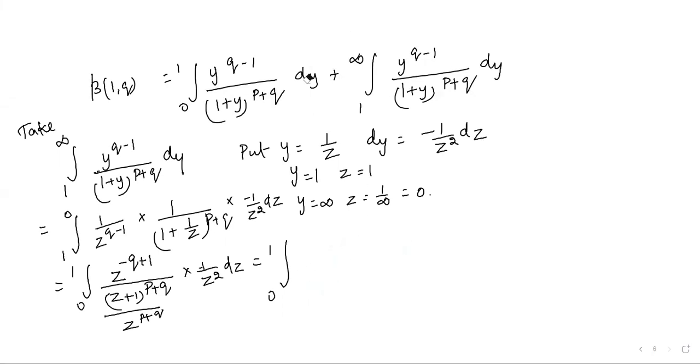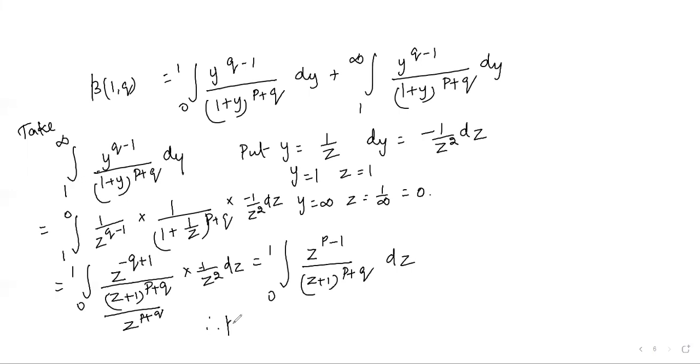Once again, I'm doing the simplification. So I'll be getting z power p minus 1. After doing the simplification, I'll be getting z power p minus 1 divided by z plus 1 the whole power p plus q dz. So hence, I can substitute for the second integral as the integral 0 to 1 z power p minus 1 by z plus 1 the whole power p plus q.